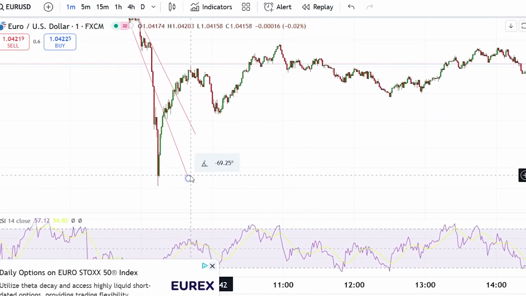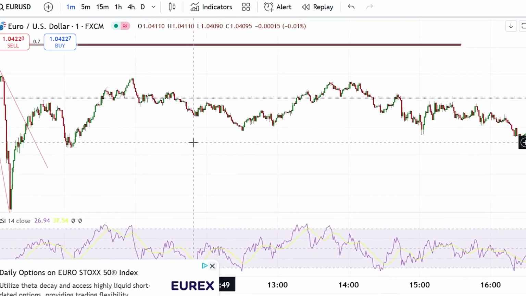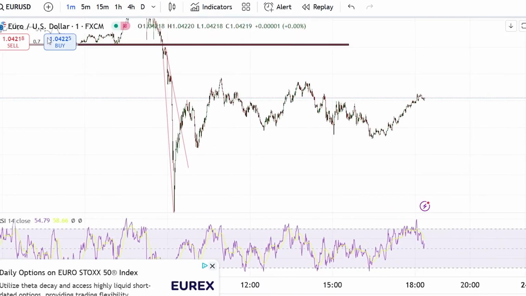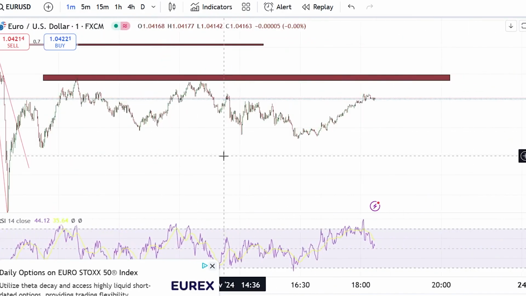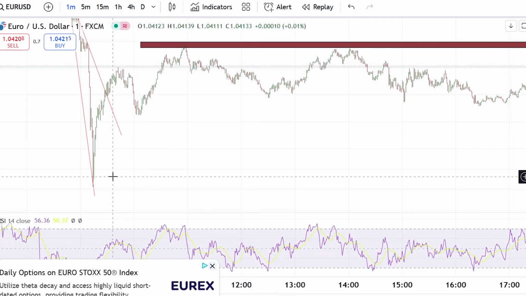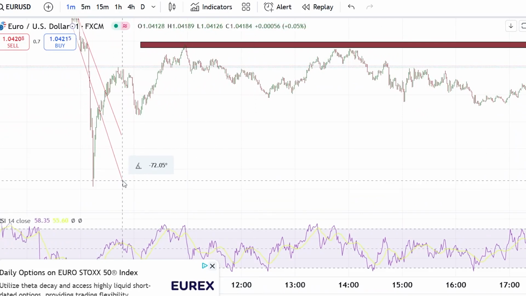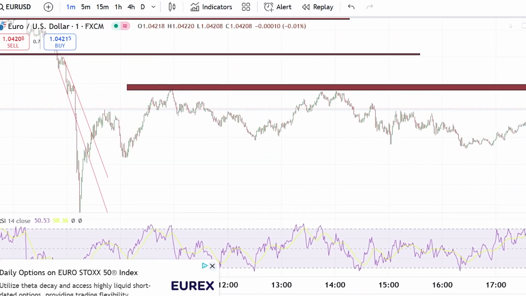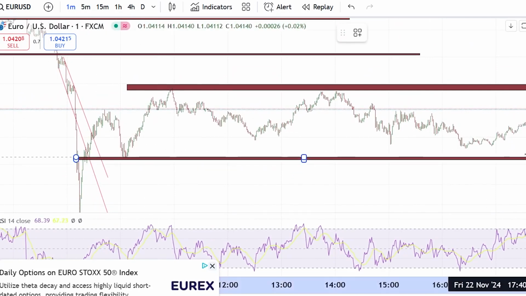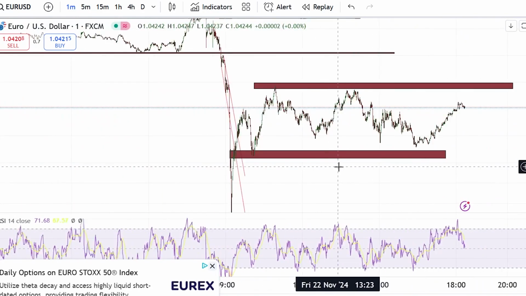Okay, we can extend it like this, and then a trading range here, and actually I will do this like this, and here we see a trading range.